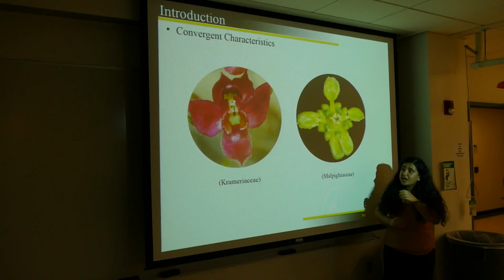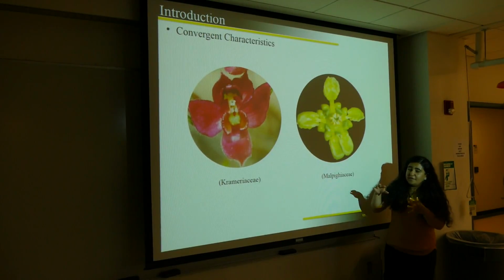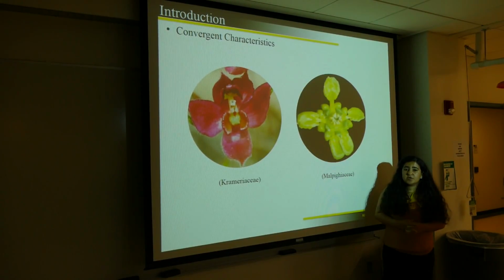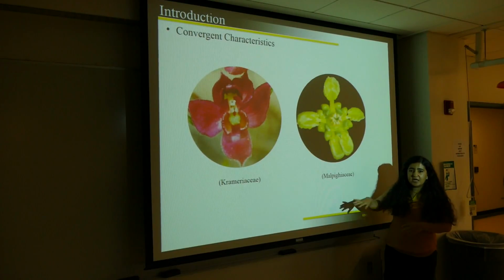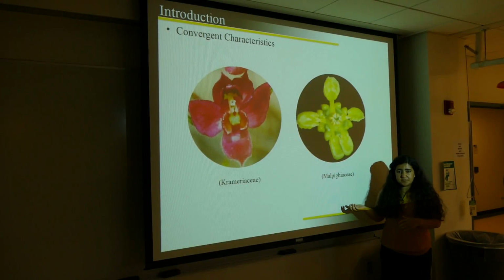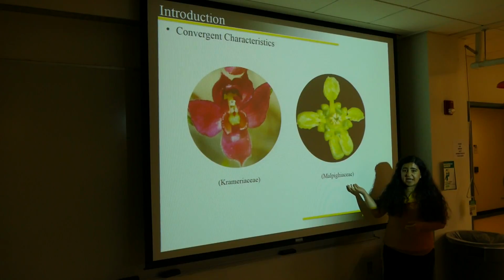Now, when I compared this flower structure and the glands associated with it to existing studied families, I was able to find the Malpighiaceae family, which I had the pleasure of studying before. They also have lipids, but their lipid glands are actually located on their sepals as opposed to their petals. And this family is highly successful.